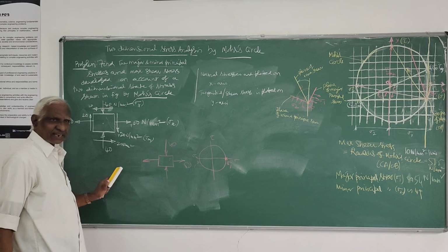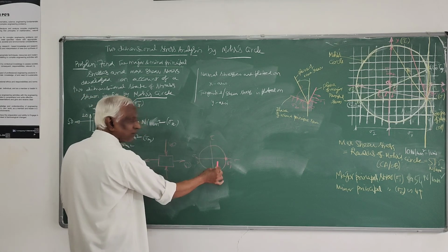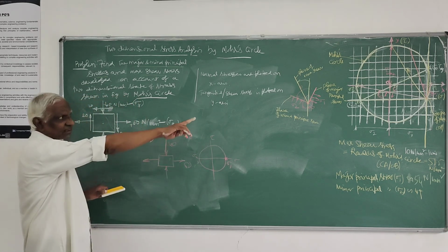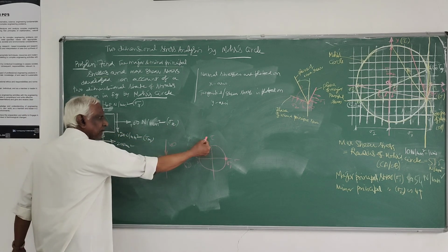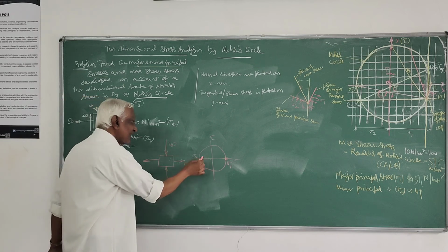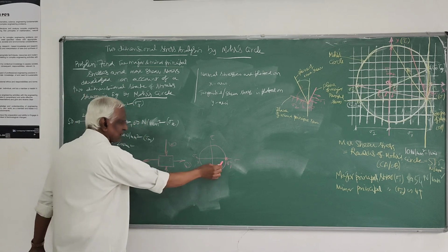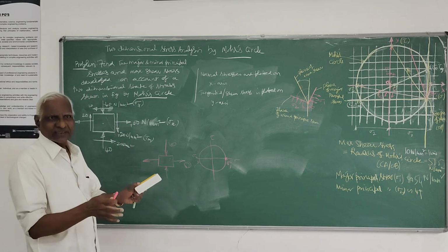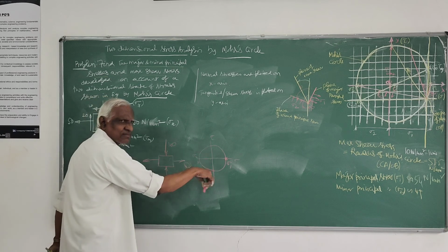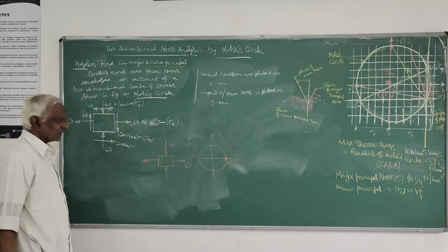If no shear is acting, the corresponding Mohr circle will be like this, because there is no shear to be plotted. So that straight away coincides with sigma 1, sigma 2, and the Mohr circle passes through that. And tau max, this is the one which gives you that formula, sigma 1 minus sigma 2 by 2, that is the maximum shear stress. That is obvious, the radius of the circle.